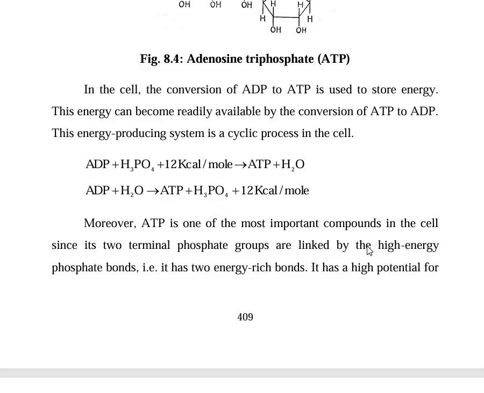So this energy producing system is a cyclic process in the cell. If you have ADP and supply phosphoric acid and energy, then ATP will form. ADP reacts with water to give ATP and phosphoric acid, with a huge amount of energy.